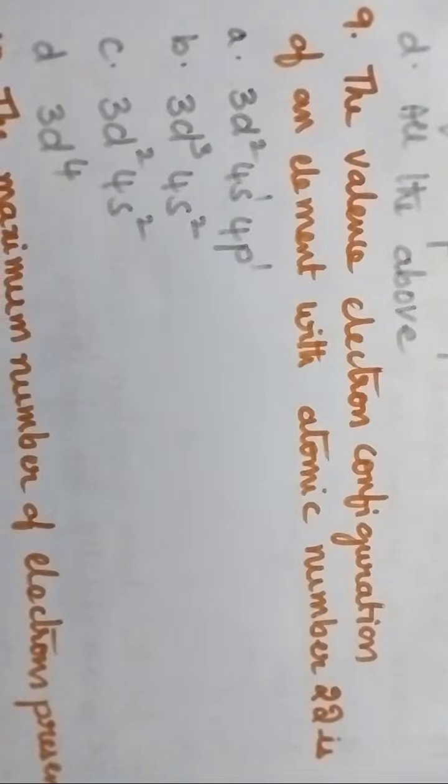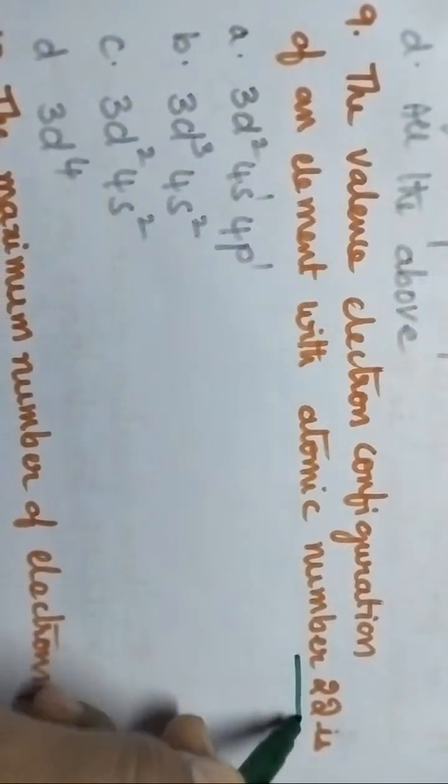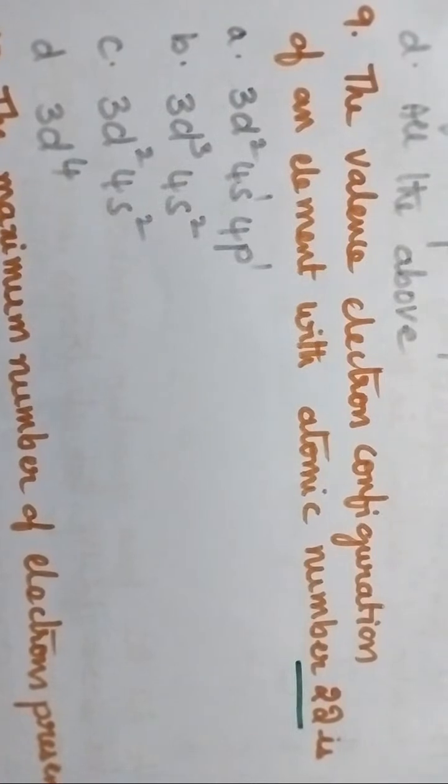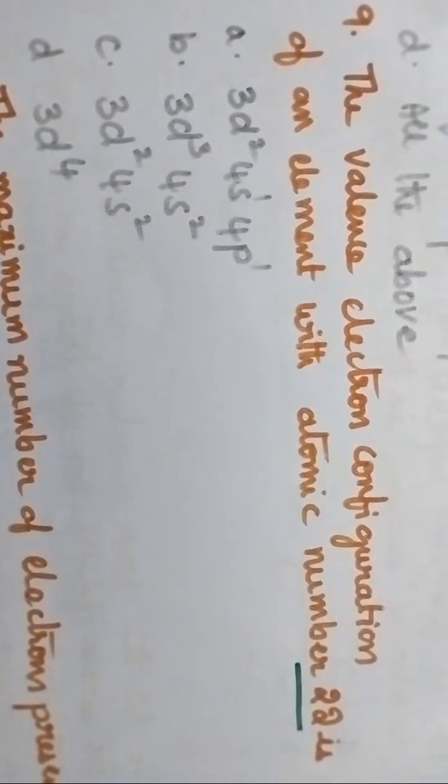Let us move on to the 9th question. The valence electron configuration of an element with atomic number 22 is. You just try to write the. Okay, no problem, Tilak. You try to answer.